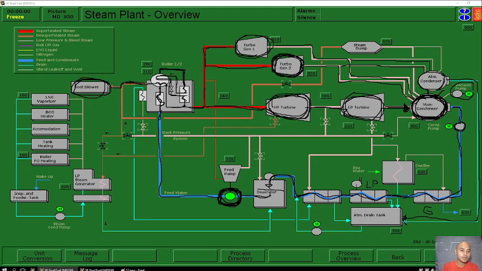So soot blower is used to clean the boiler tubes from soot from the combustion.